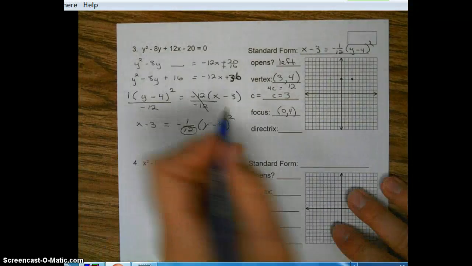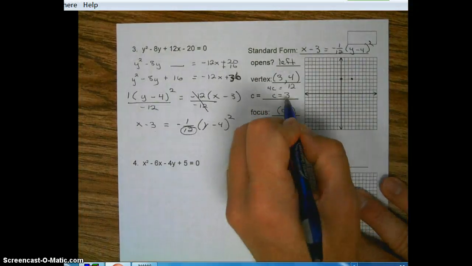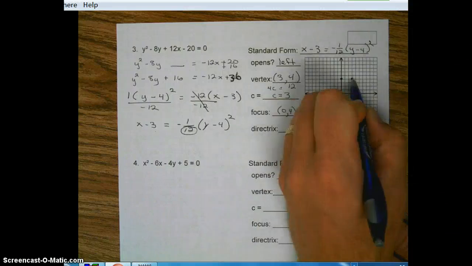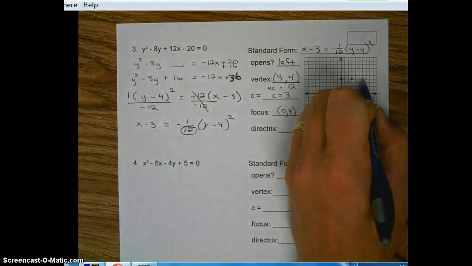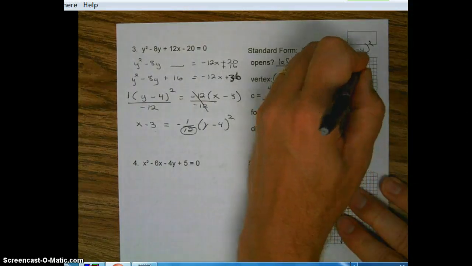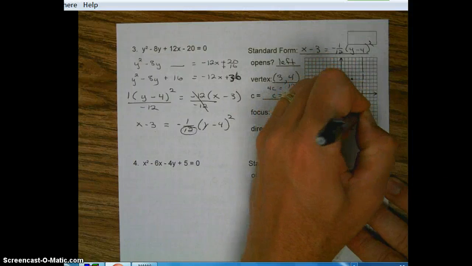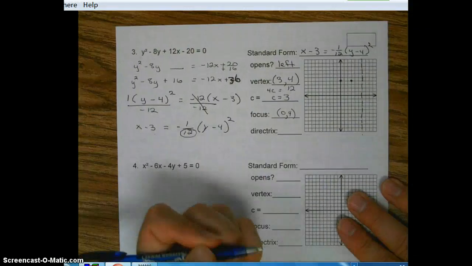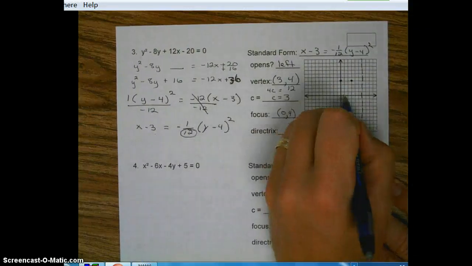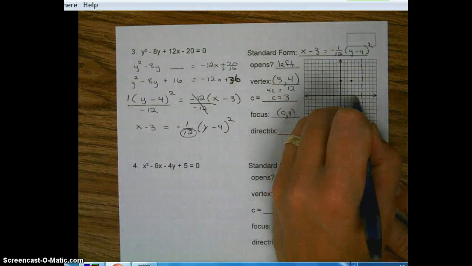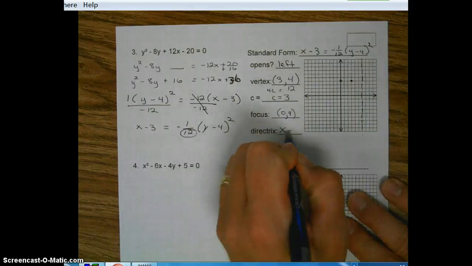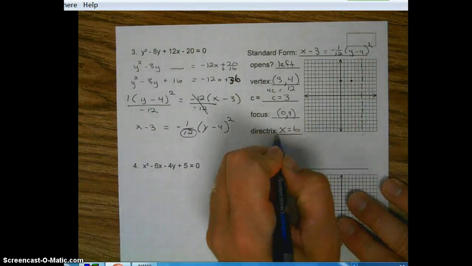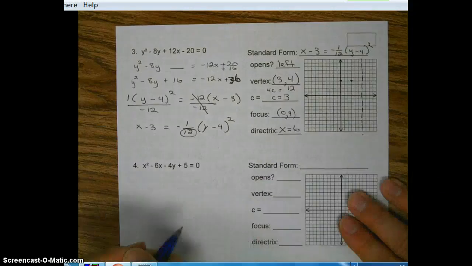And my directrix is going to be 3 units outside the parabola. This is my directrix, and that's going to be x equals 6. That's the equation of the line for the directrix.